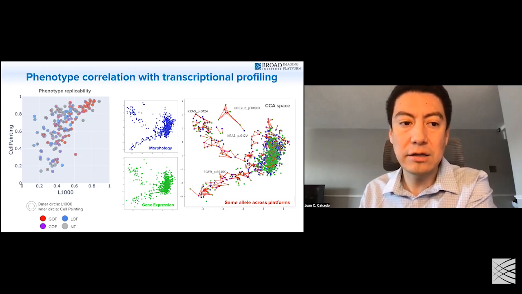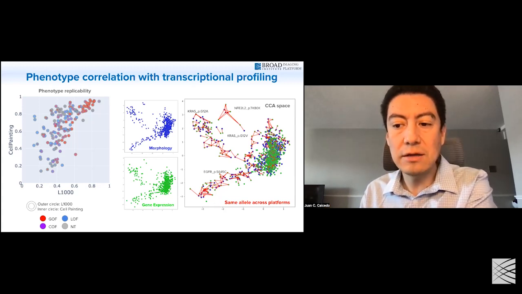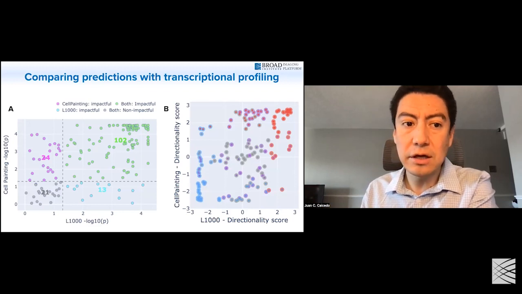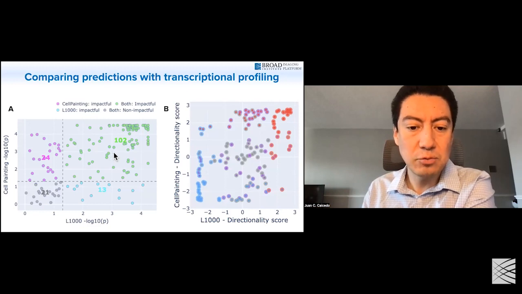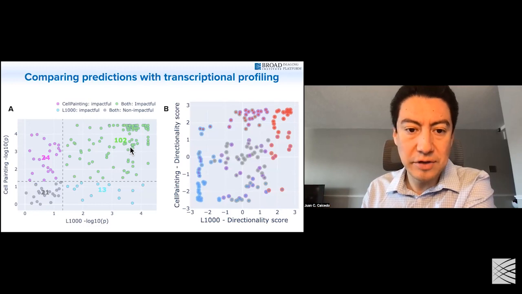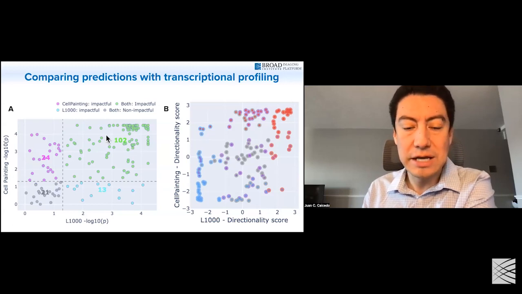Red lines are connecting a couple of replicates across the platforms, which indicate that they are relatively well aligned in terms of phenotypic signal. We also looked at the predictions of transcriptional profiling using a subset of common variants between both platforms. And we observed also a lot of agreement in terms of the number of impactful variants observed by L1000 with respect to the ones observed by cell painting.